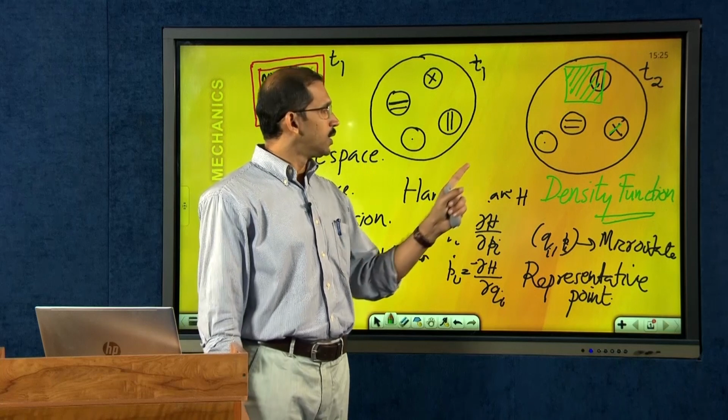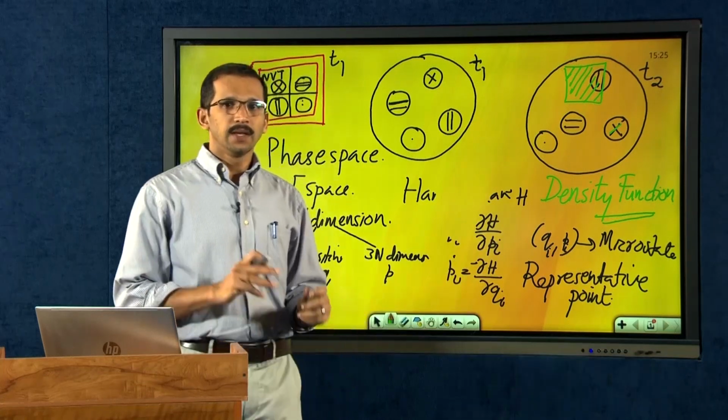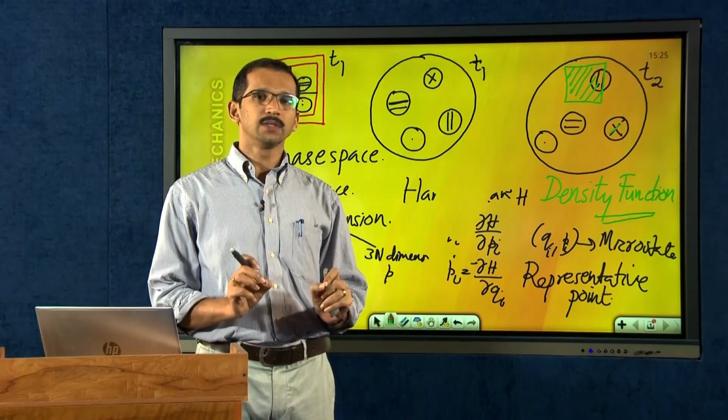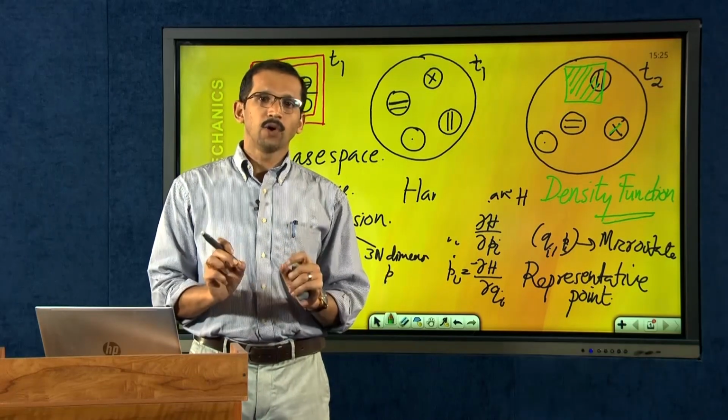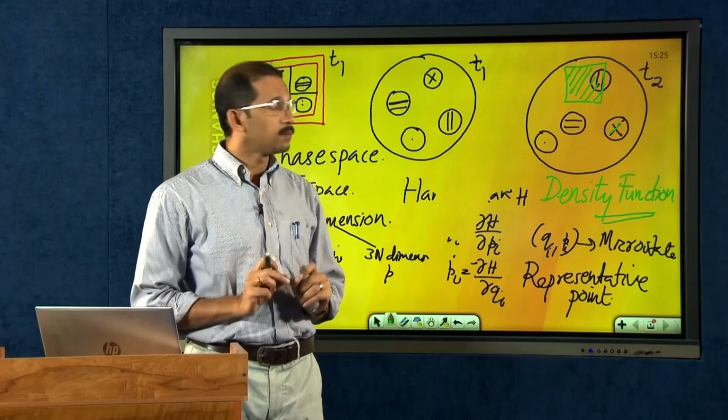So, therefore, the density function is the number of representative points or the number of microstates in a volume.